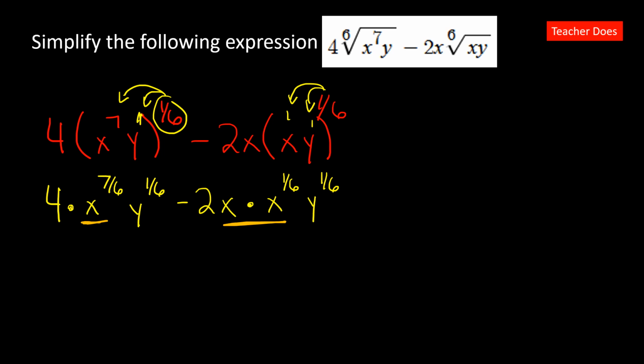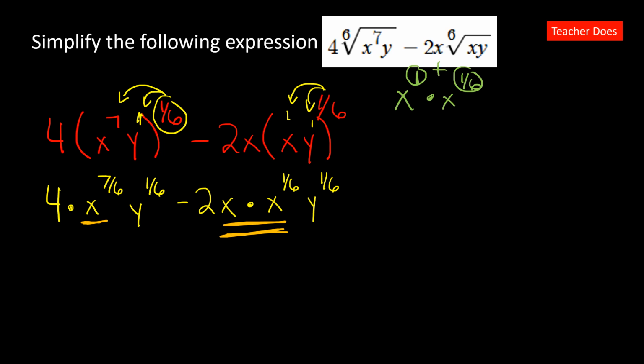We can simplify this 7/6, right? We can actually break this down into two different factors of x. Or what I also want to get with you guys here is, I'm going to look at this part here. What we're going to see is if we have x to the power of 1 times x to the 1/6, like we did in the previous problems, we want to add these two terms.